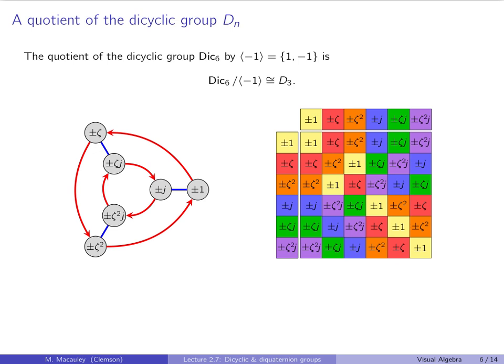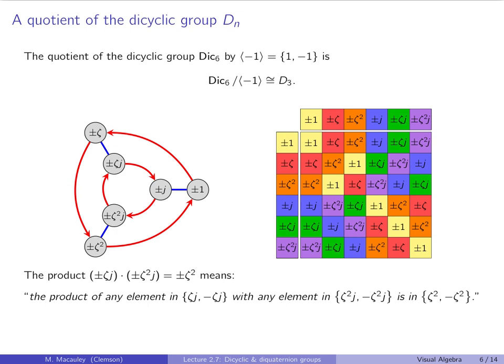The quotient of the dicyclic group dic6 by the subgroup containing 1 and -1 is isomorphic to D3. Here is a Cayley table, and here is a Cayley graph.